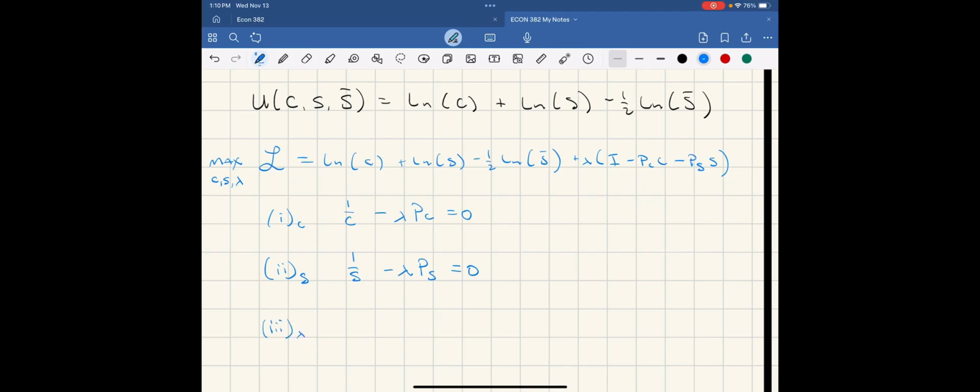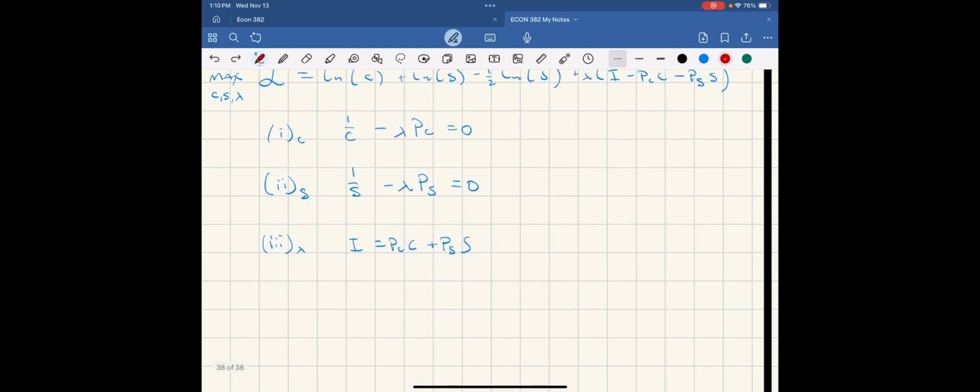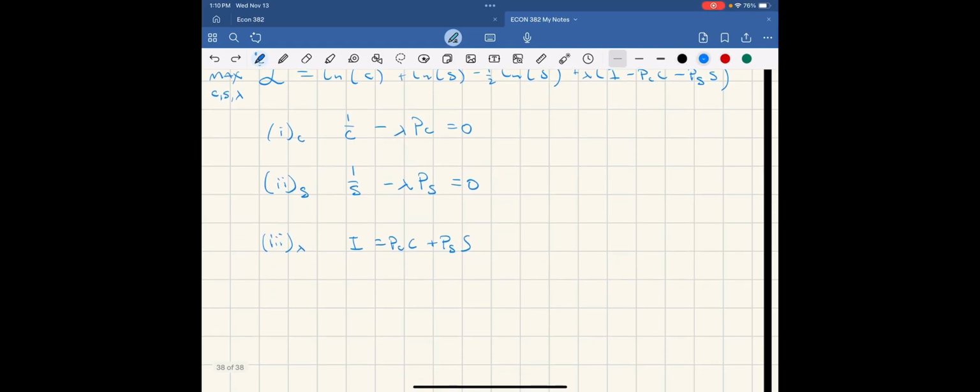And now we get our third condition, which is our budget constraint, which is I equals PC C plus PS S.